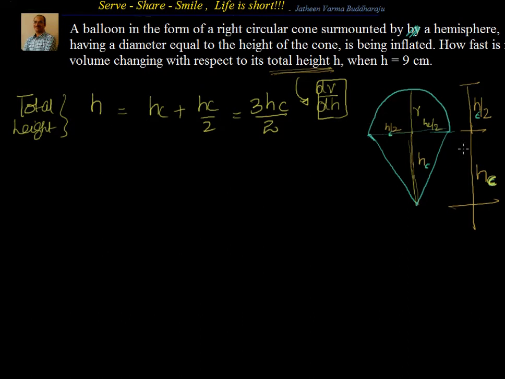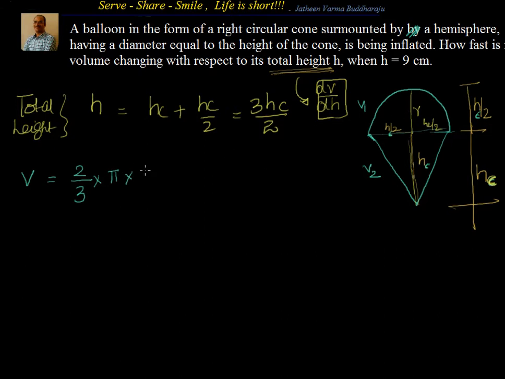So first we will do V in terms of hc, then convert that into h, then differentiate with respect to h. Let's go ahead and start. First, volume equal to V1 plus V2. V1 is nothing but volume of the hemisphere, that is 2 by 3 into pi into r cube.